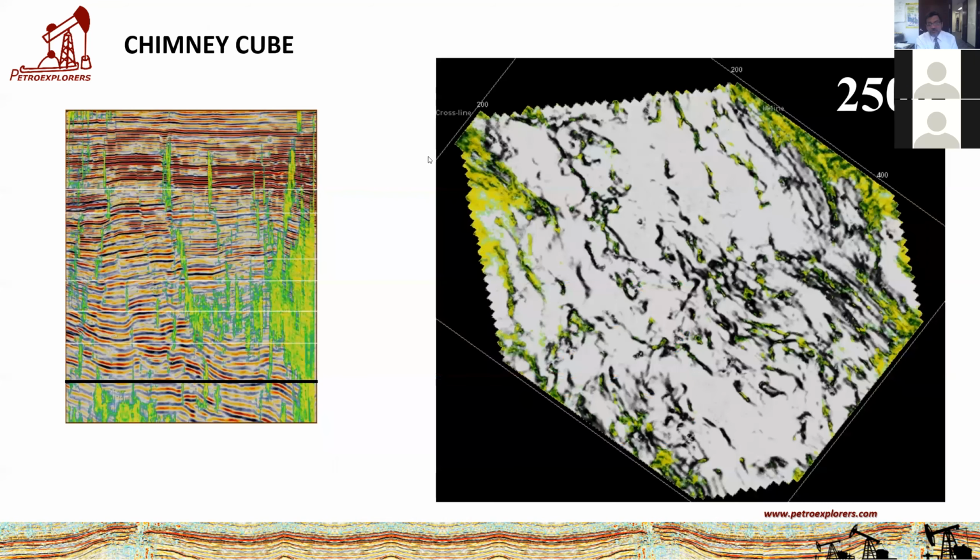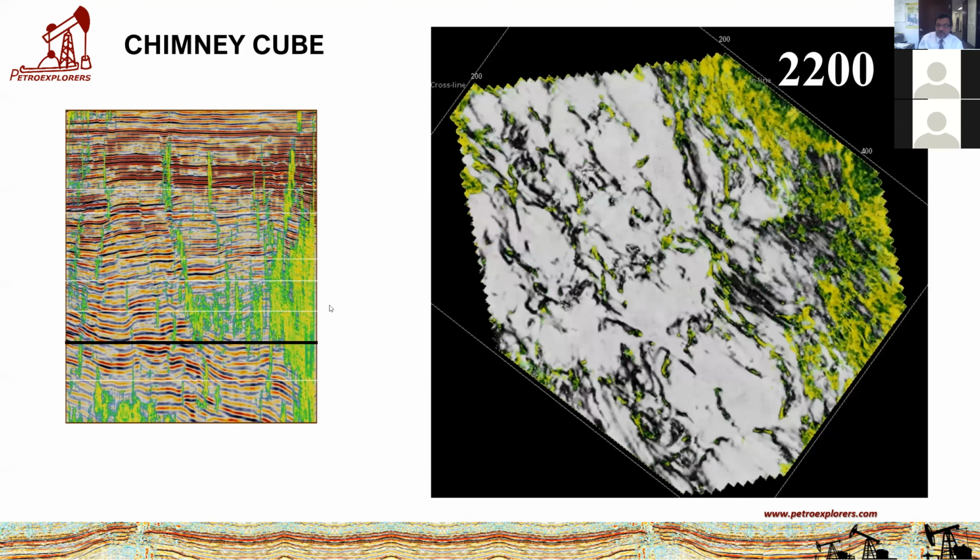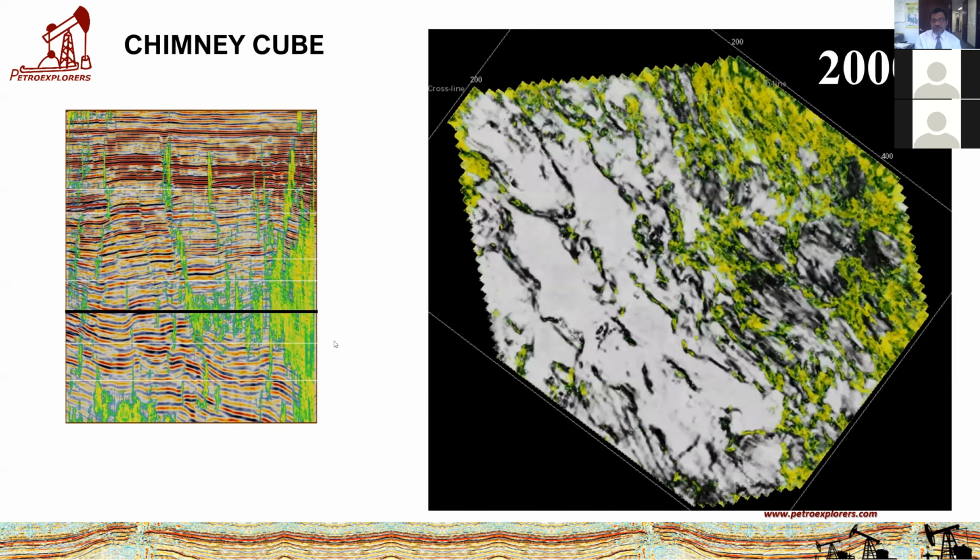So you can analyze the full migration system by coming from bottom to top. Right now you're seeing the northeast side, more toward the kitchen, and as you go through, there is a lot of migration possibility with the chimney moving further throughout these fault systems.